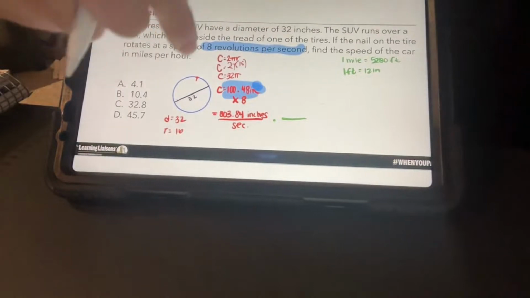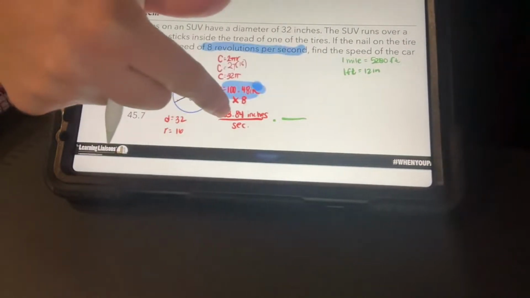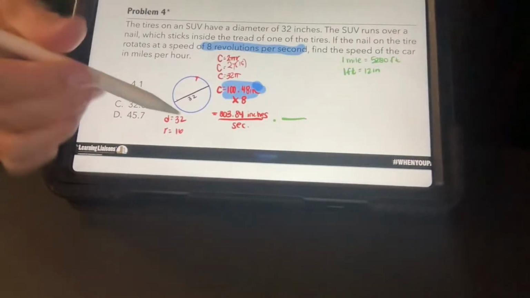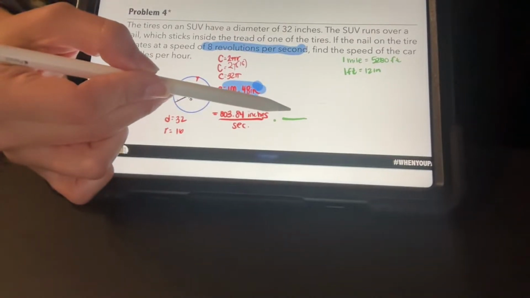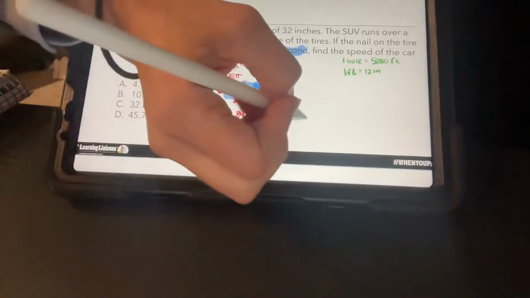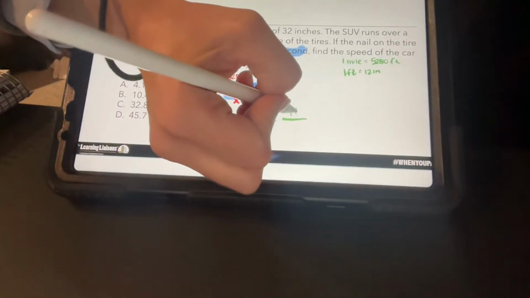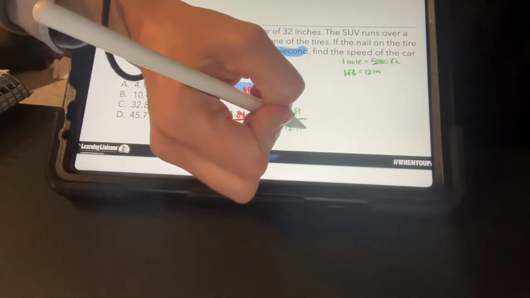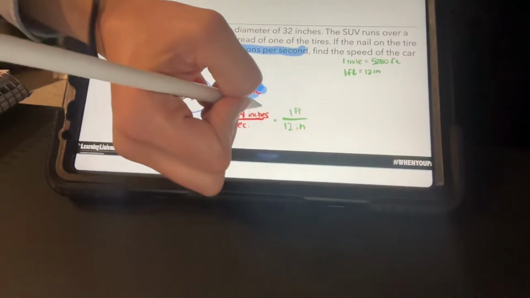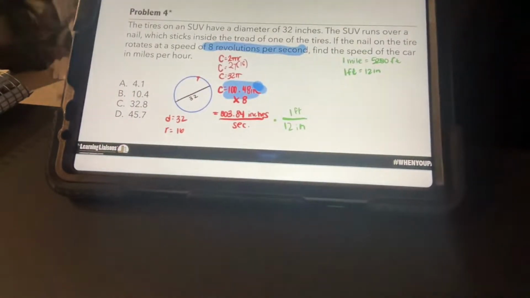In order for these conversion ratios to work, you have to put inches across from each other. So I'm not going to put inches up here. I'm going to put inches down here. So 1 foot equals 12 inches because I'm converting from inches to feet to miles, right?